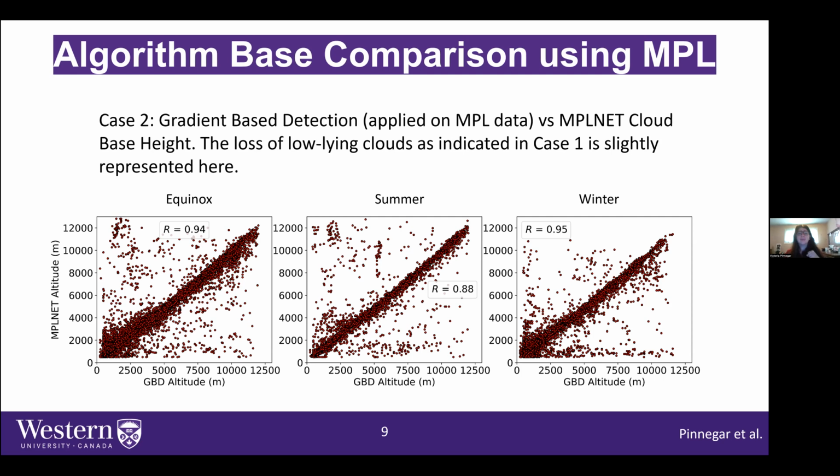So we have minimally reduced it, but obviously there are still some populations that are different between these two, which may indicate that our gradient based is more similar to what the lidar product would be indicating. While in the winter, when there's obviously less aerosol, it may be a worse detection.